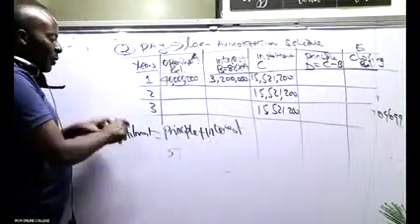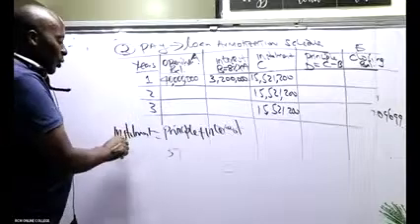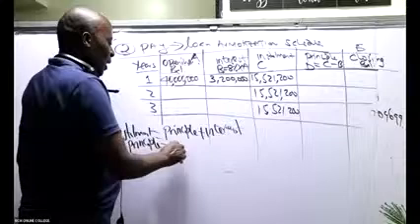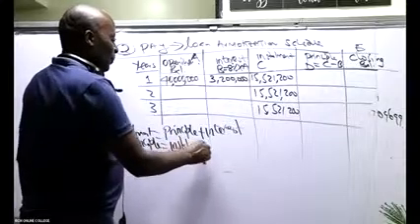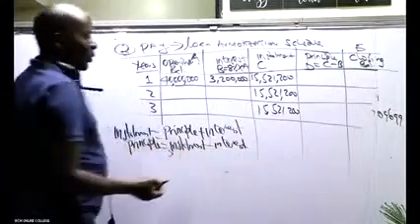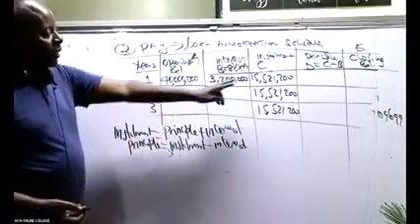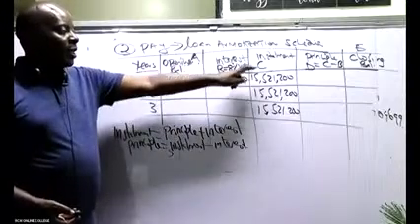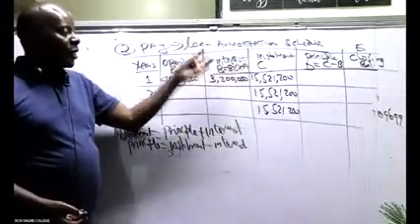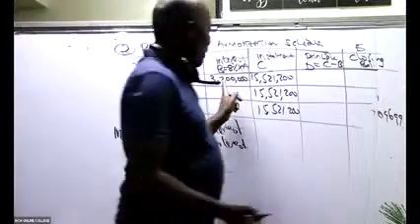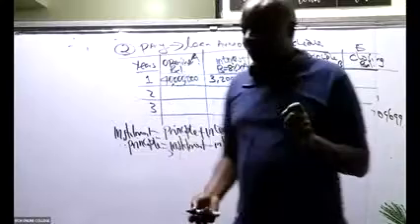Now that I have installment and I have the interest, to get principal is very easy. To get principal, I will take the installment minus interest. So basically, I'm taking column C minus column B. Interest is column B. So in this case here, 15,521,200 minus 3.2 gives me how much principal?